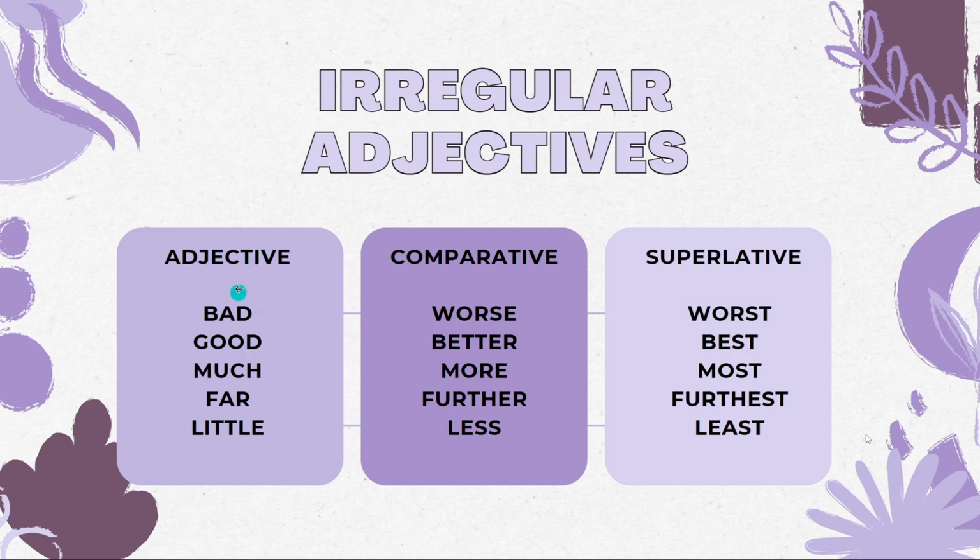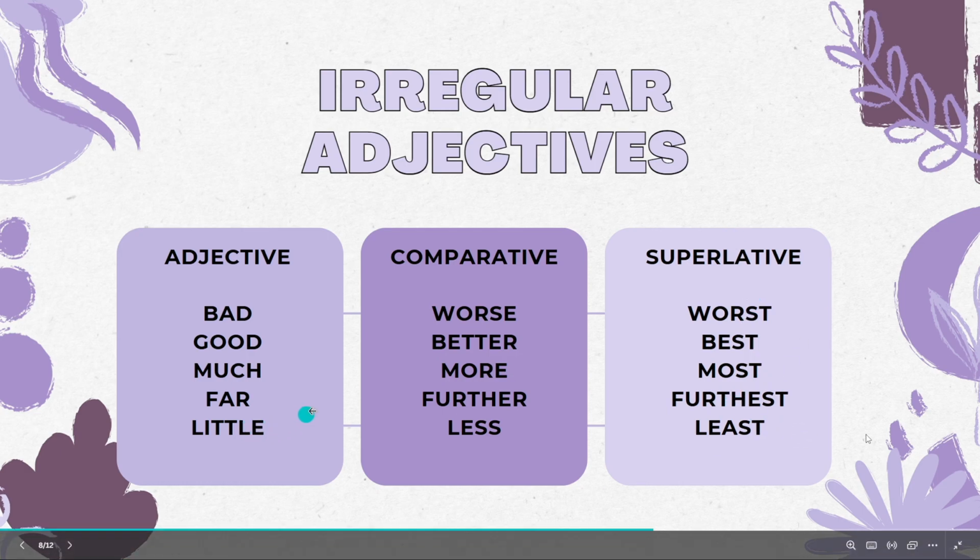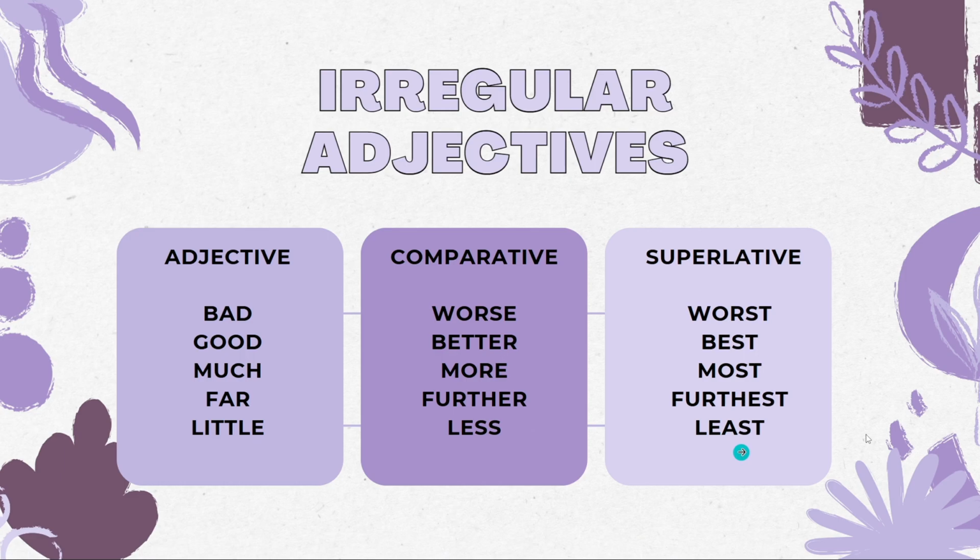For example, these adjectives: bad, good, much, far, little, are irregular adjectives. Bad is going to change to worse and worst. Good is going to be better and best. Much is going to be more and most. Far is going to change to farther and farthest. Little is going to be less in the comparative and least in the superlative.